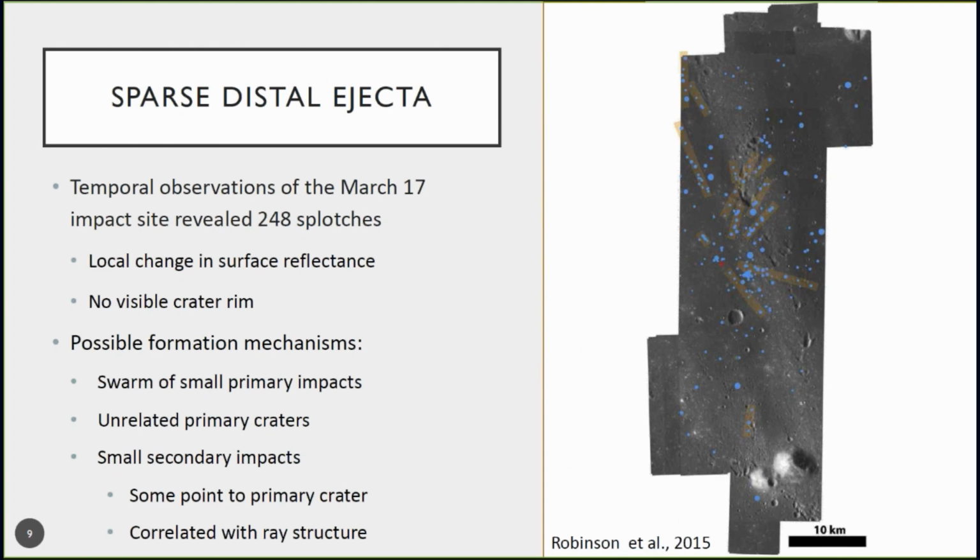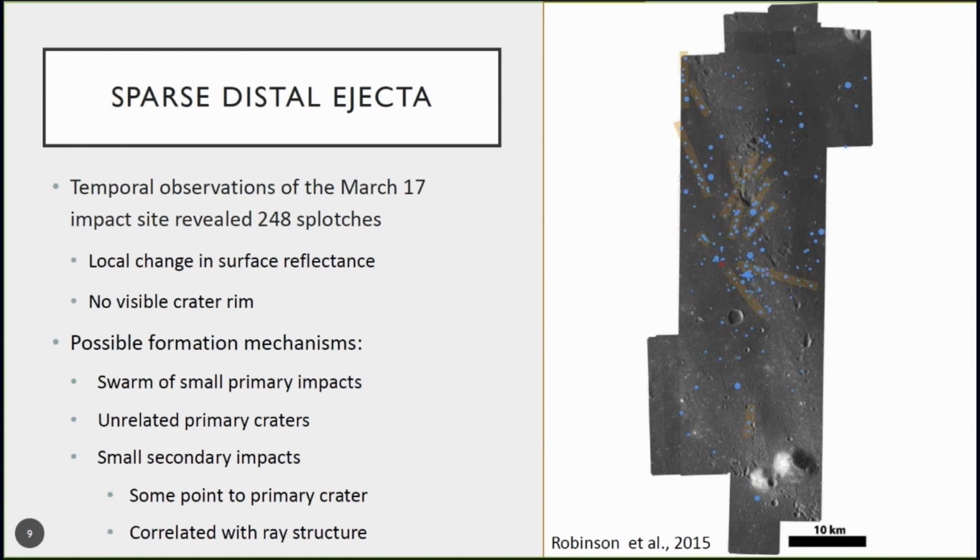One of the other discoveries made with the March 17th impact is this collection of sparse distal ejecta, which were called splotches. These are local changes to the surface reflectance. There's no actual visible rim in any of these features. There are several different hypotheses for how they could form.